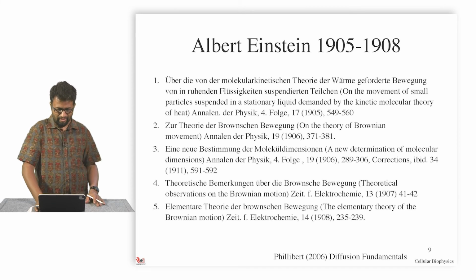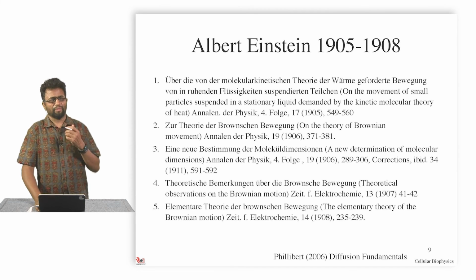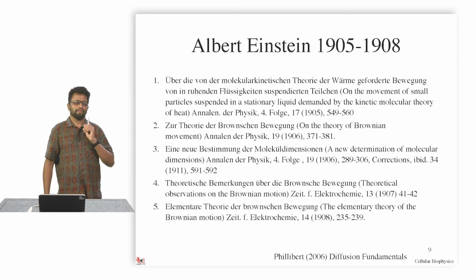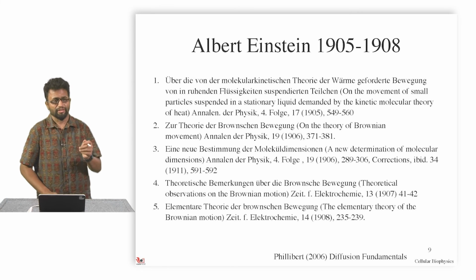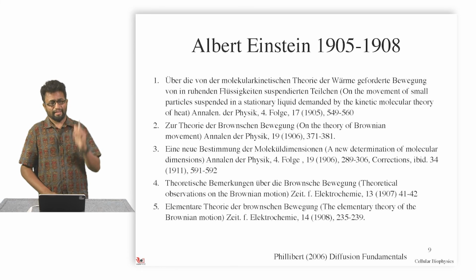The final paper in this series was "Elementary Theory of Brownian Motion", which was published in 1908 in the Zeitschrift für Elektrochemie, Journal for Electrochemistry. My only point in bringing this up is that these theories are more than 110, 115 years old, and they're still relevant, they make sense to us, and they help us explain a lot of things.